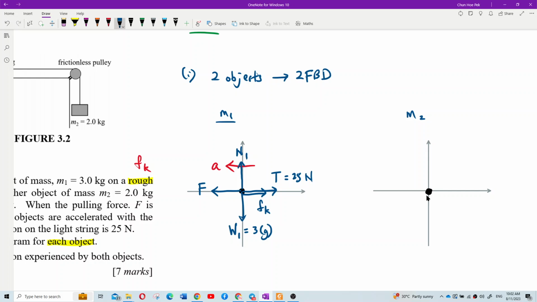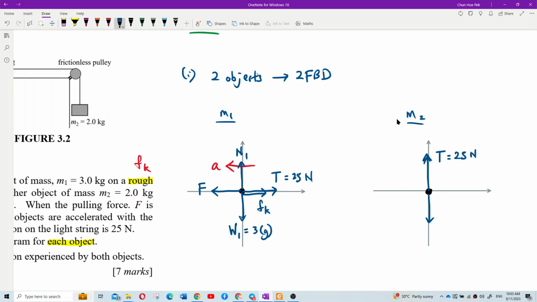Okay, class. Another one is mass 2. Mass 2 has tension upward, 25 Newton.